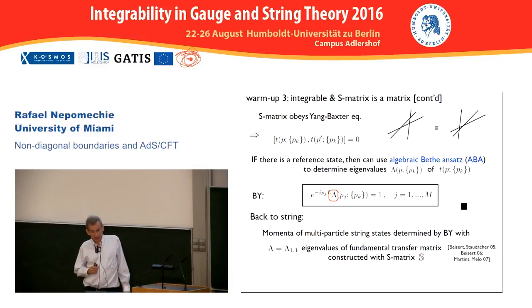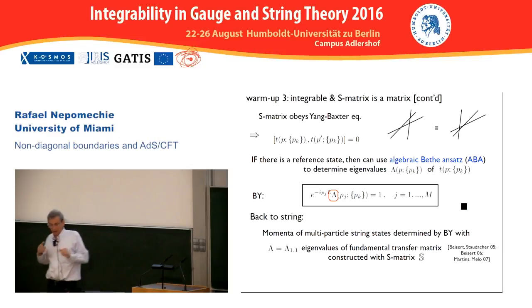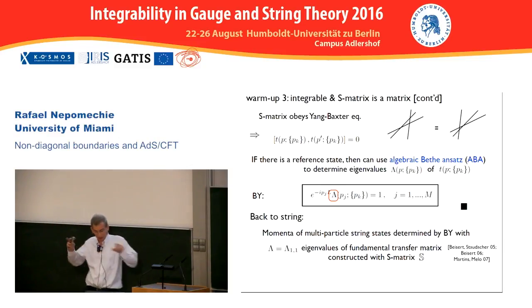So remember our job was to compute the momenta of the particles on this ring so that we can compute their energy. And so now we see that the momenta of these multiparticle states are determined by this Bethe-Yang equation, where this lambda is going to be the eigenvalues, which I'll denote by lambda_{1,1}, of the fundamental transfer matrix constructed with this S matrix, which I pointed out in the beginning of the talk.